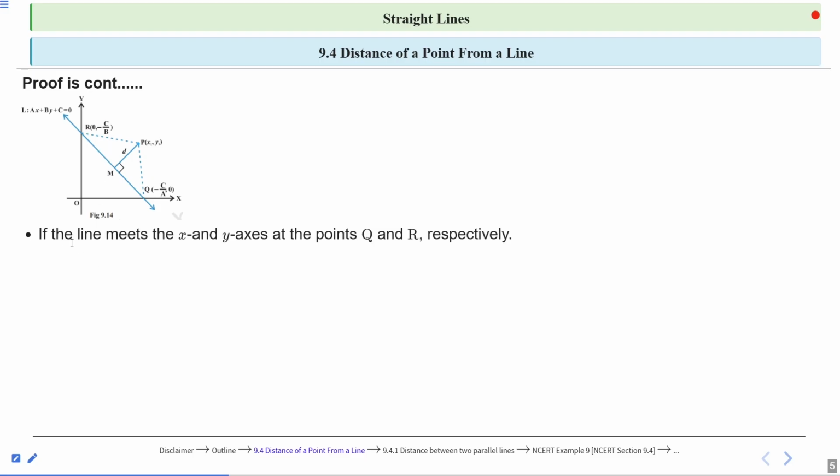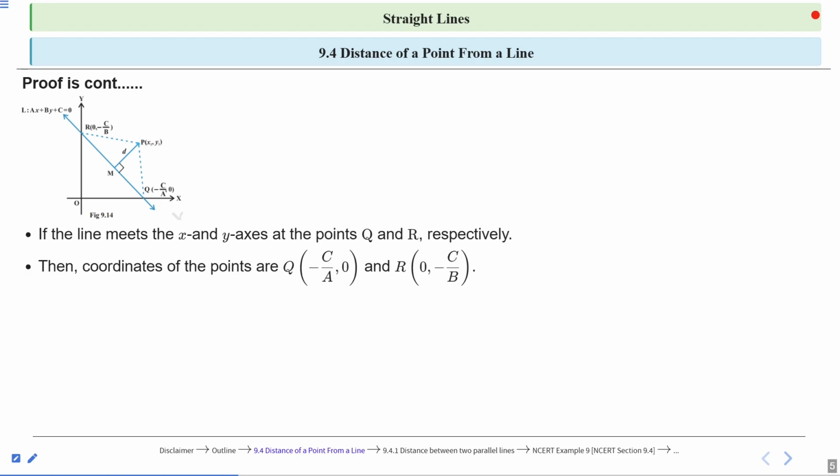Suppose the line meets the x-axis and y-axis at points Q and R respectively. So the line L meets the x-axis at point Q and the y-axis at point R. Then what are the coordinates of the points Q and R?